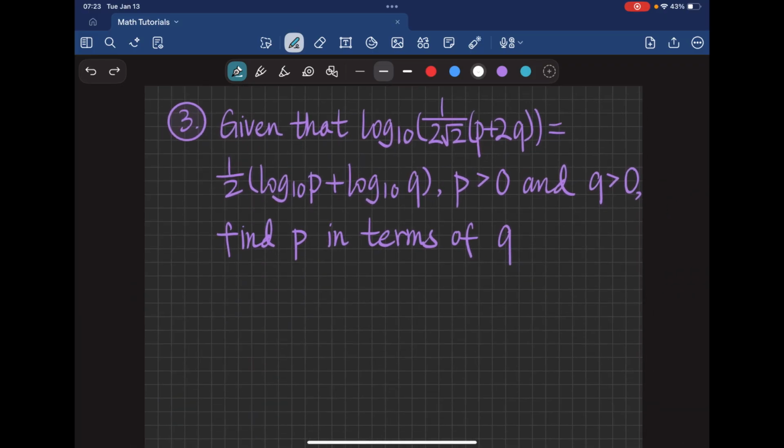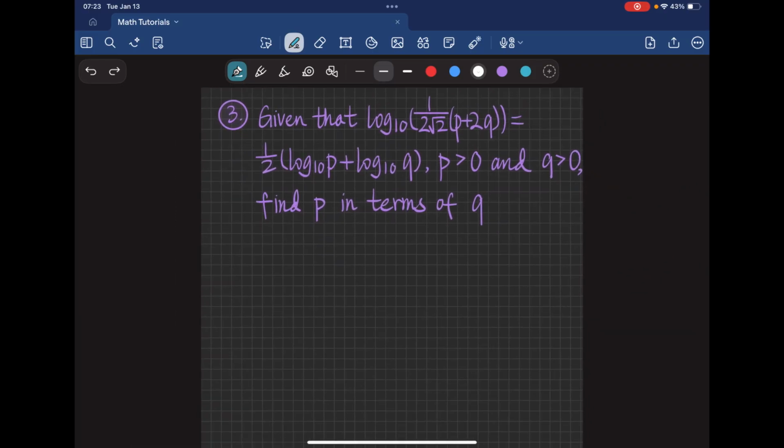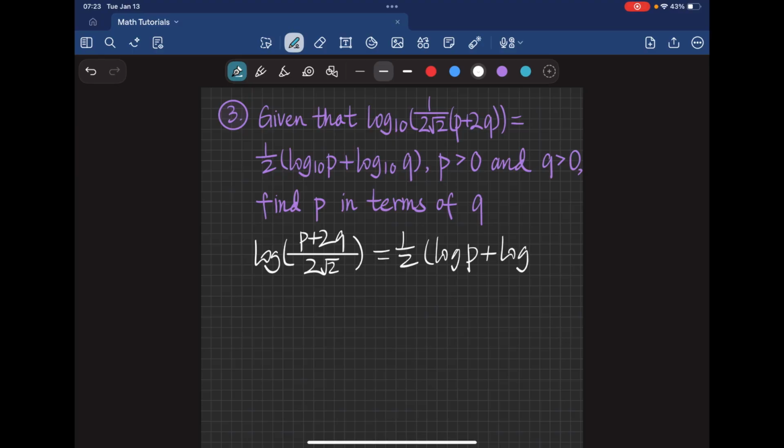So we can definitely write it in an easier way to help us calculate. We just don't need to write base 10. And then we will move p plus 2q up, and then on the other side just 1 over 2 and then log p plus log q.